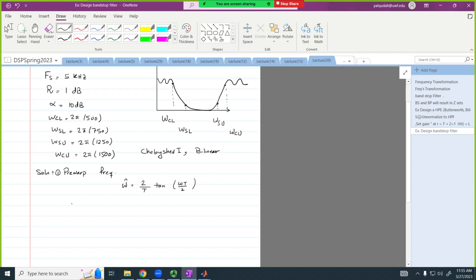So this is going to give me omega cutoff lower hat equal to 3245, omega stop lower hat equal to 5955, omega stop upper hat is going to equal 10,000, and omega cutoff upper hat is going to equal 13,764.